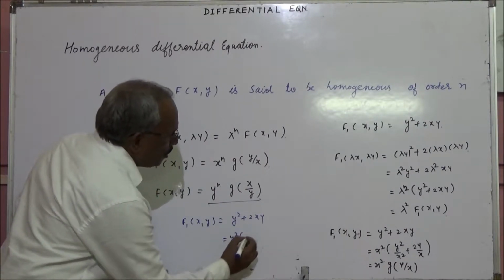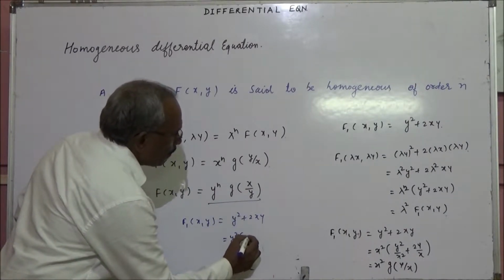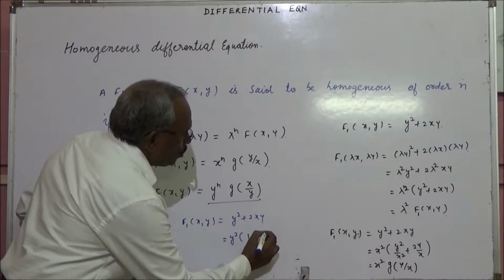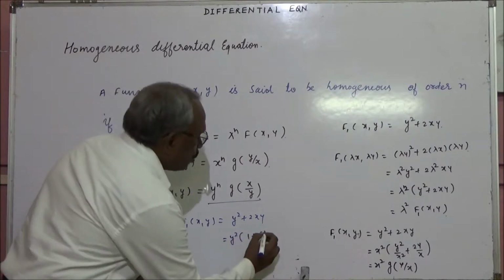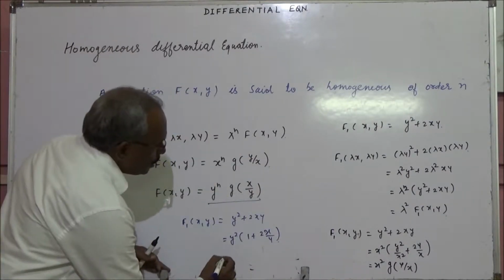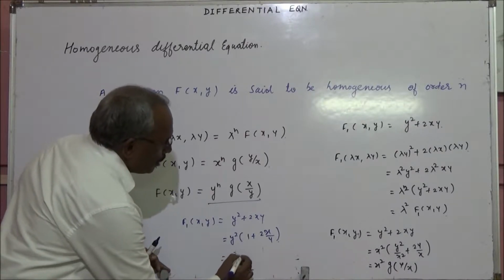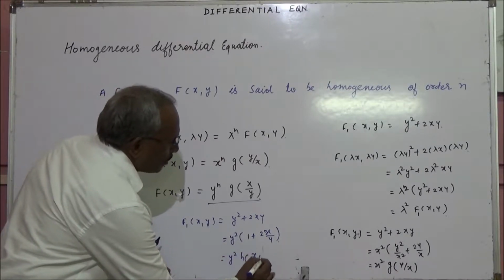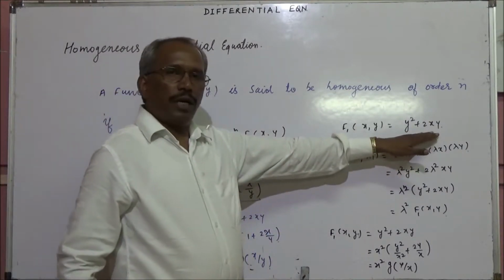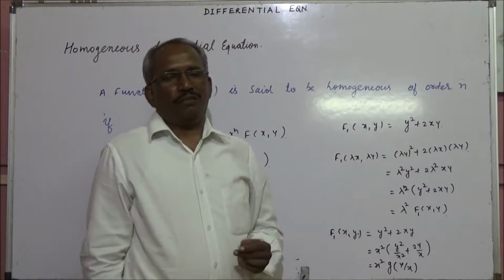So it will be 1 plus 2x upon y आ जाएगा ये. So this is y square h(x/y). तो y square plus 2xy is a homogeneous function.